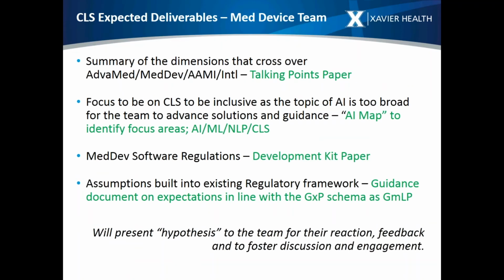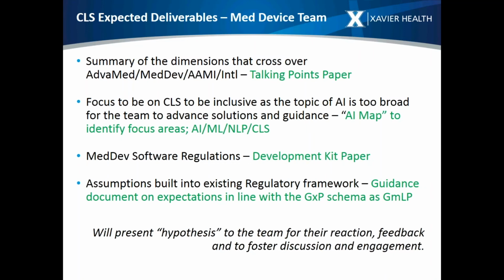And we have the benefit on the medical device team of Pat Baird and Rohit Nayak being quite involved in other initiatives around AI and machine learning, such as AdvaMed and AMI and international standards. So like the quality team, we want to understand the landscape, have some definitions, and really stay true to our scope and keep this in a box, because we can't take on all of AI.